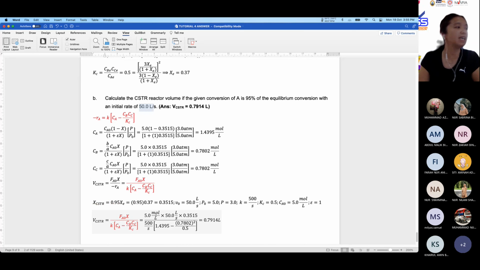FA0 will be CA0 multiplied by V0, as I wrote here. Done, FA0 is settled. X is 0.3515, settled. k is given as 500 per second, and then CA, CB, CC.